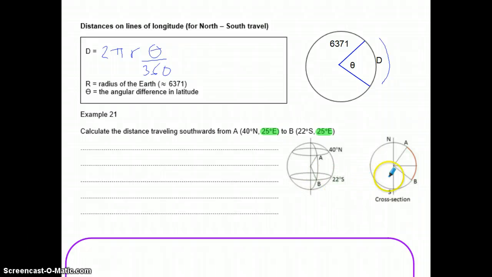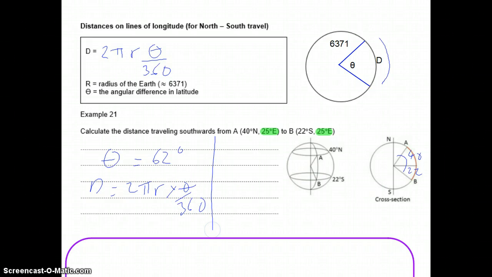Okay, so we've got our diagram here, and we already worked out that that was 40 degrees, that was 22. It meant that theta was 62 degrees, and so D is 2 pi r times theta over 360. If we then sub in that information, D is equal to 2 pi times 6371 times 62 out of 360.